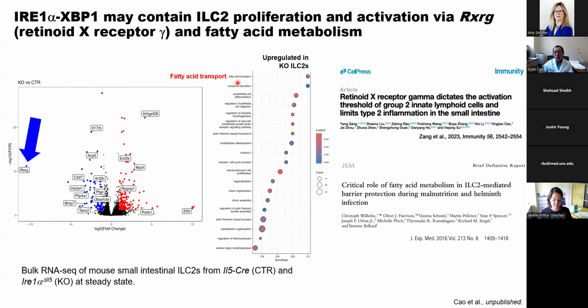I looked at the prior literature, and interestingly, people found before that retinoid X receptor gamma suppresses the proliferation of ILC2s, while fatty acid metabolism is important for the activation and proliferation of ILC2s. Currently, I'm trying to establish the connection between the retinoid X receptor, fatty acid metabolism, and ILC2s.